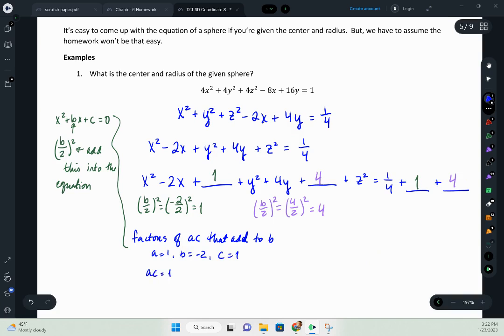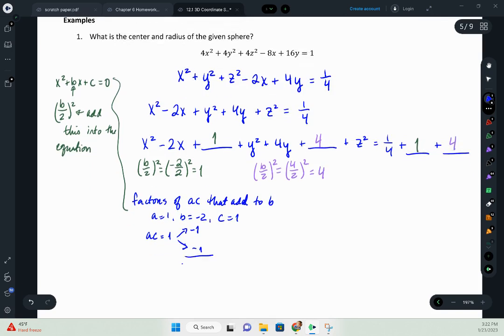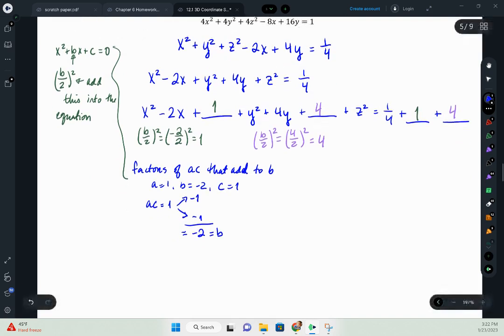We want to think of two factors of 1 that will add up to negative 2. First things first, they both have to be negative if they're going to multiply to give me a positive and add to give me a negative. The only ones I can think of that would multiply and give me a 1 are negative 1 and negative 1. If I add those together, it equals negative 2, which is my B.